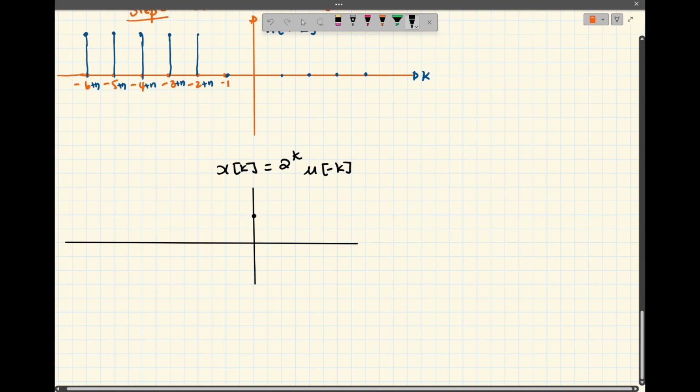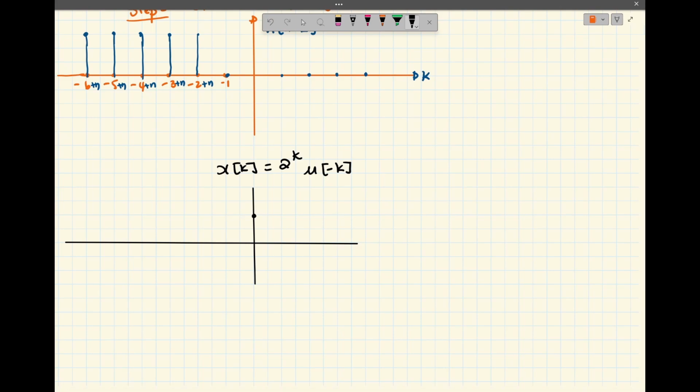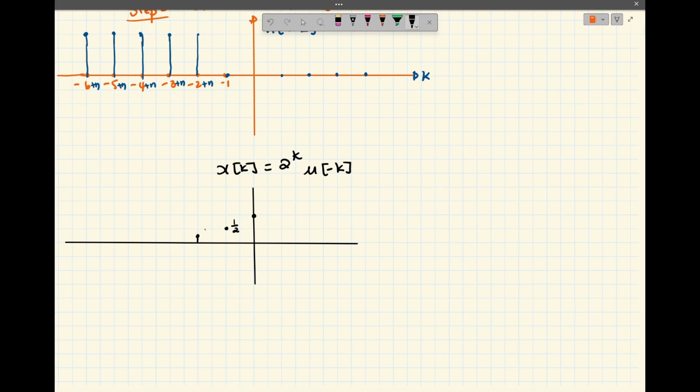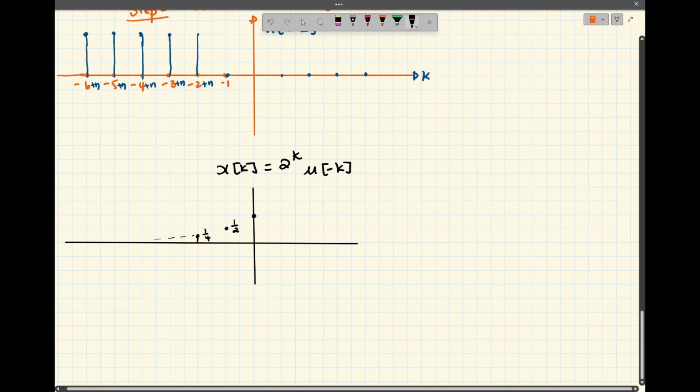When k equals 0, 2 to the 0 is 1, then at k equals negative 1 it is a half, then 1/4, and so on, getting smaller and smaller until we reach infinity. This is k and this is 1.